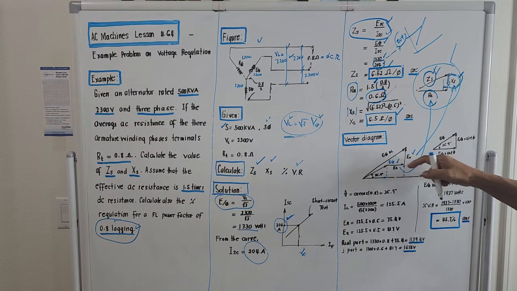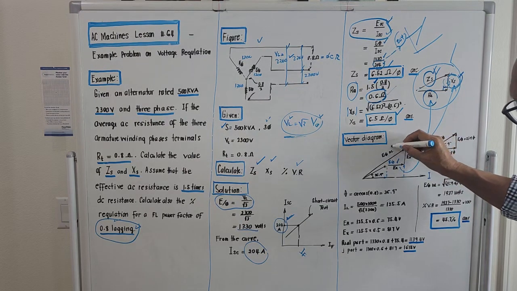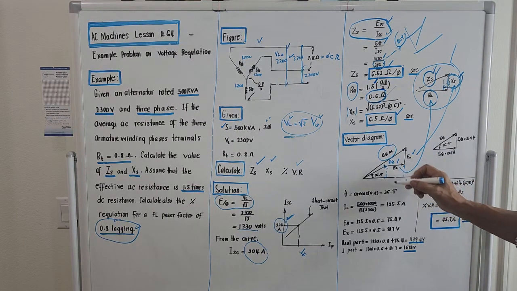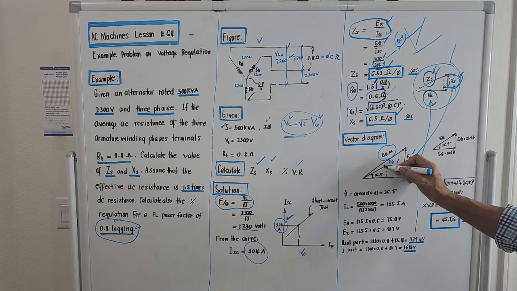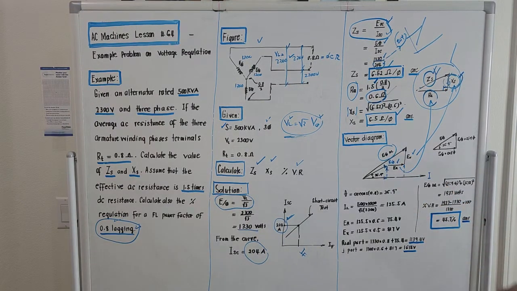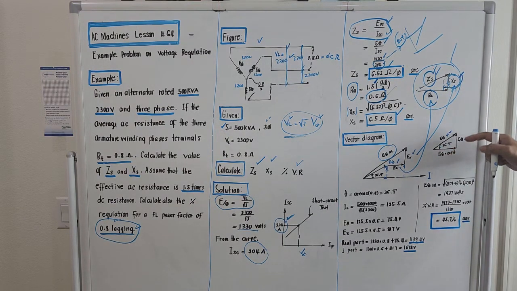We will add these to the vectorial value of voltage per phase to get this one. But the voltage per phase at full load has an angle of 36.9 degrees, so it has two components also. This is the vertical component and this is the horizontal component.